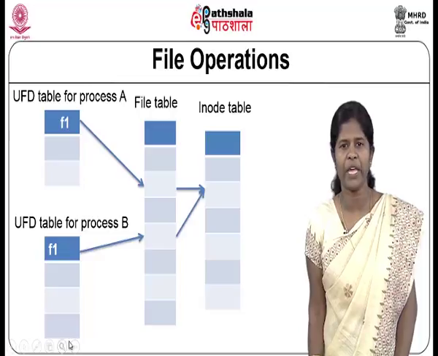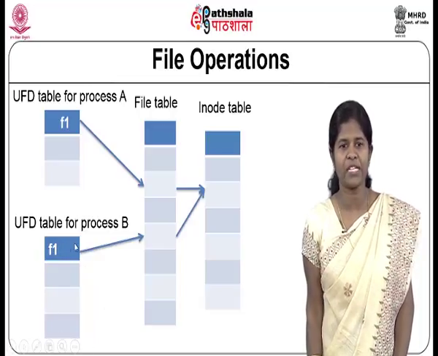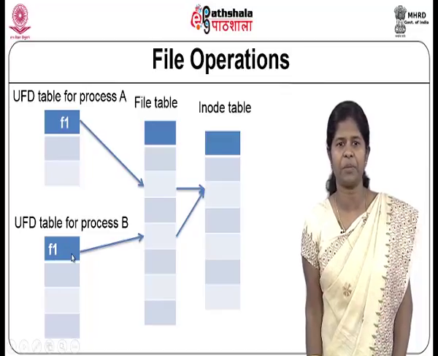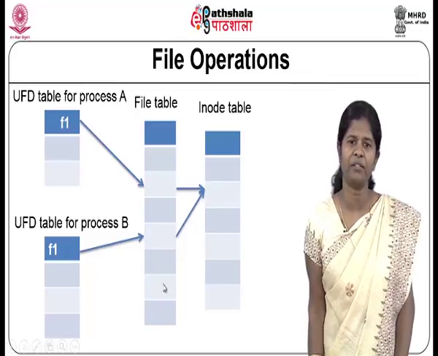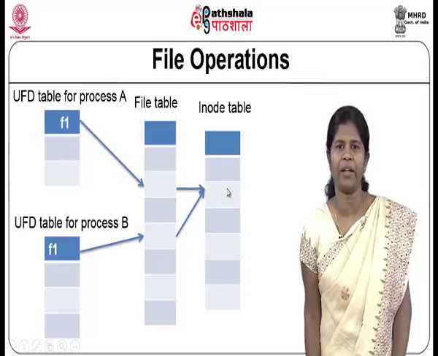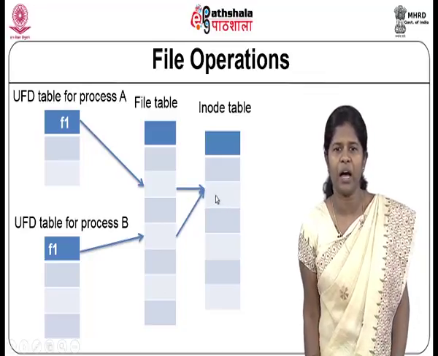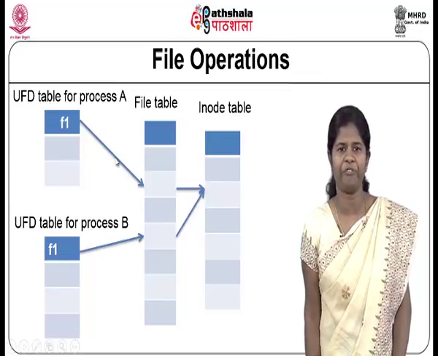So, process B has got its own user file descriptor table, and an entry will be created in the user file descriptor table for process B. That will point to an entry in the file table, and that in turn will point to the same entry in the inode table, because it is the same file.